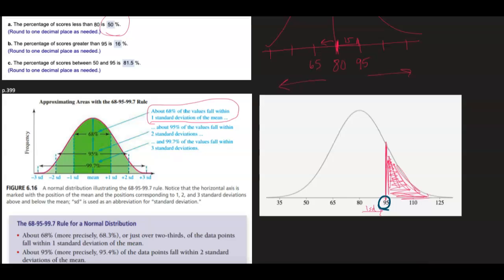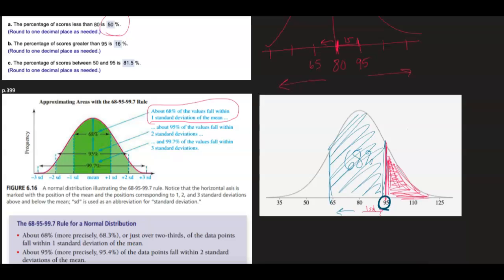So going back to the rule, it says 68% of the values fall right here, between one standard deviation of the mean. So that's one standard deviation below and one standard deviation above. This is 68%.